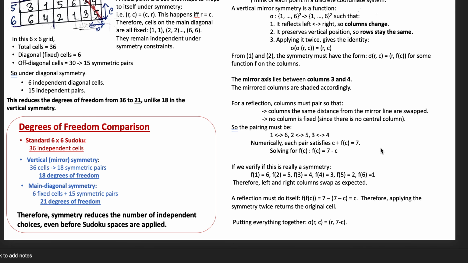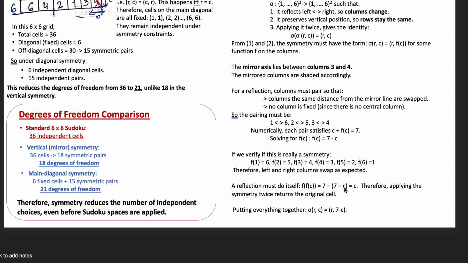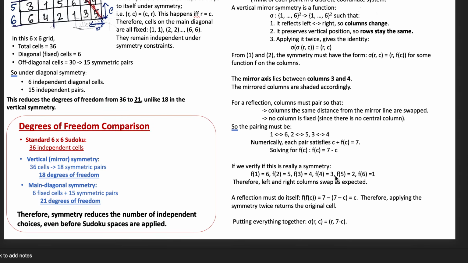It also is its own reflection: f of f of C equals 7 minus (7 minus C), and that equals C. So if you apply the symmetry twice, it returns the original cell.